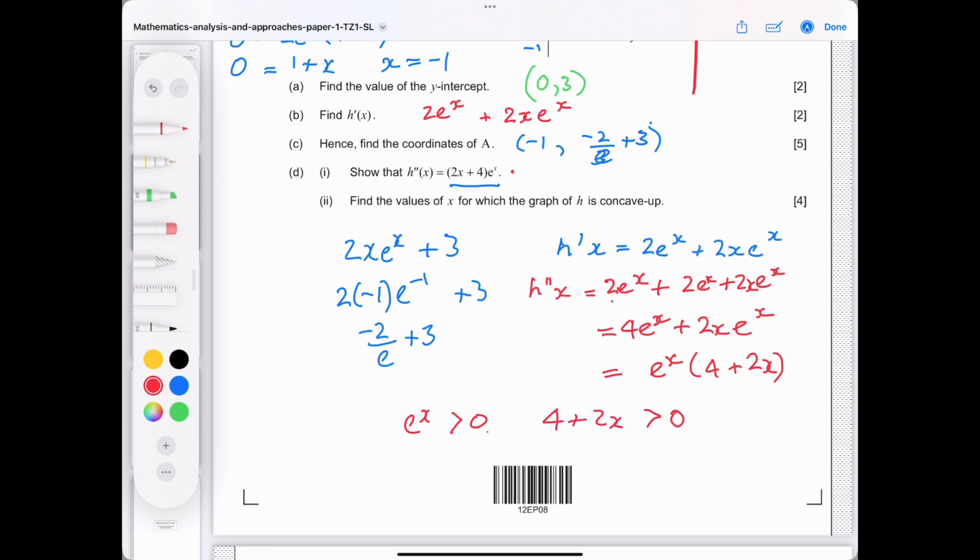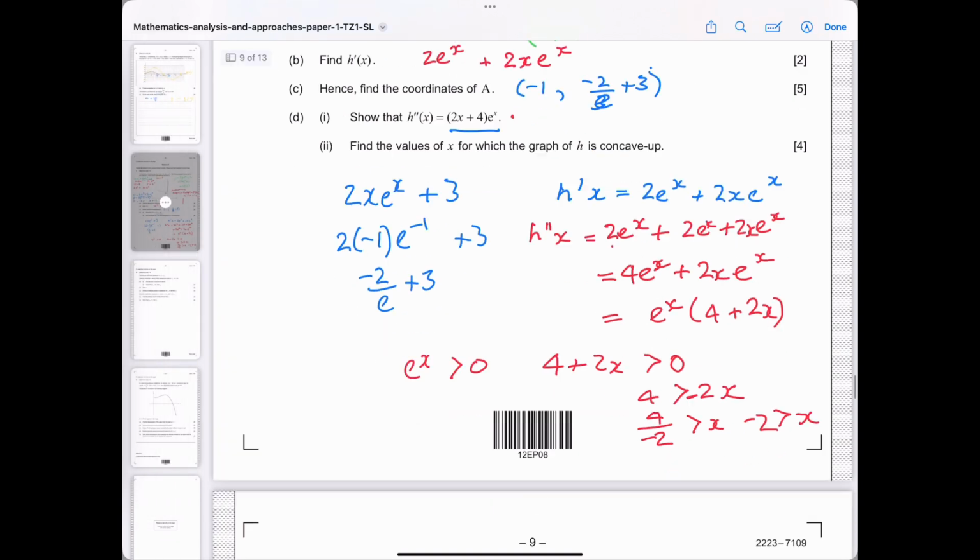In the case of the latter, 4 plus 2x is greater than 0. So taking that away, that's minus 2x, I apologise. So 4 over minus 2 is greater than x, so x is smaller than minus 2. And that solves that one.